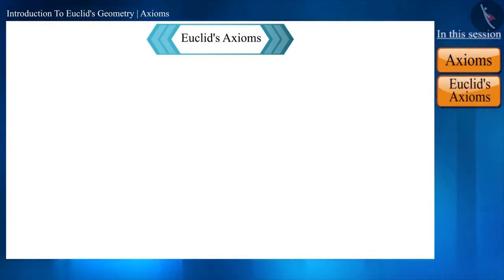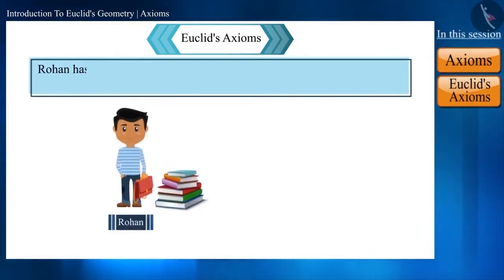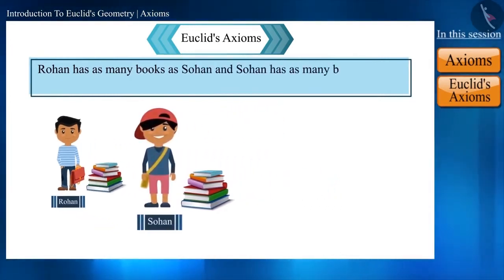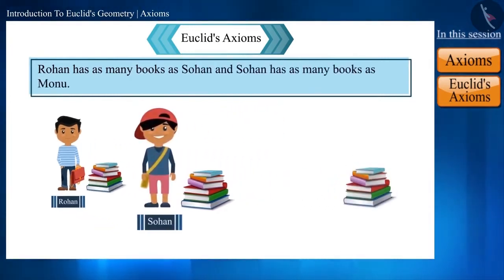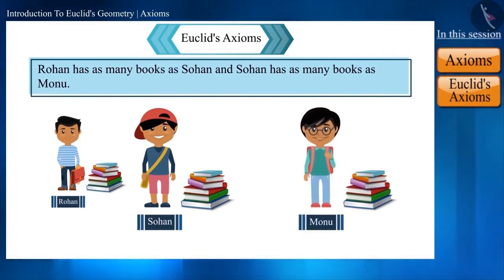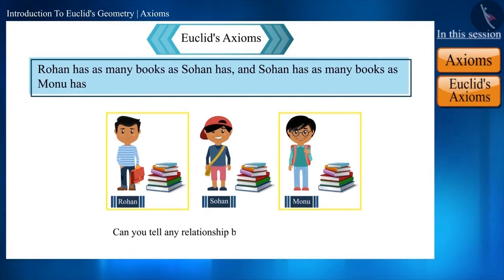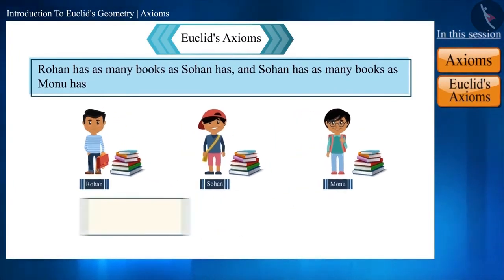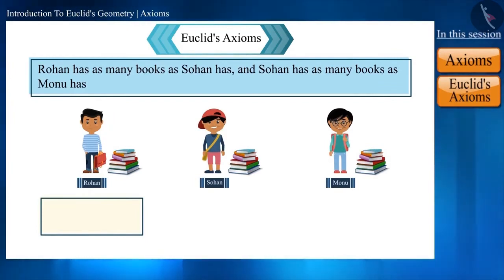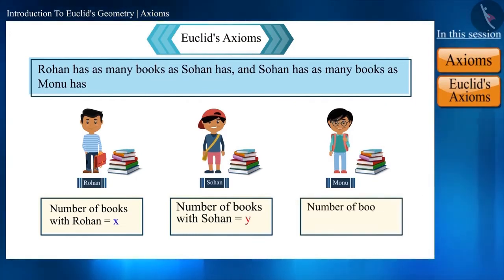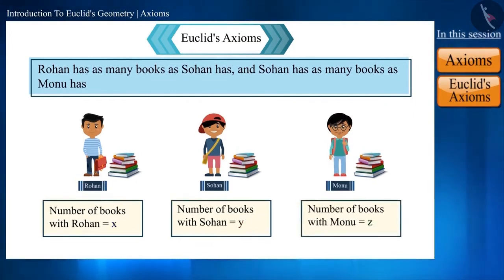If I say, Rohan has as many books as Sohan, and Sohan has as many books as Monu. Friends, can we determine the relationship between Rohan and Monu with this statement? Let's see. Suppose Rohan has X number of books, Sohan has Y number of books, and Monu has Z number of books.